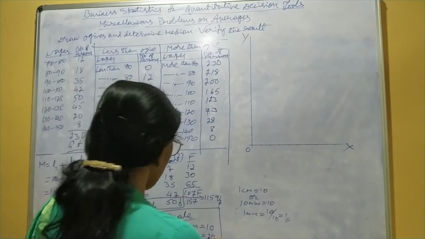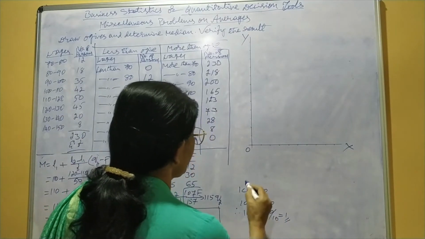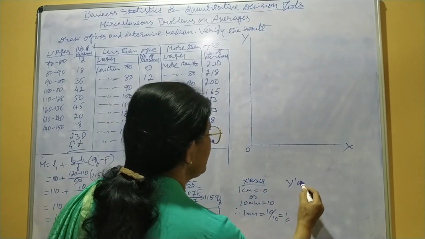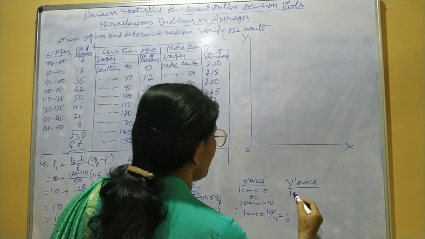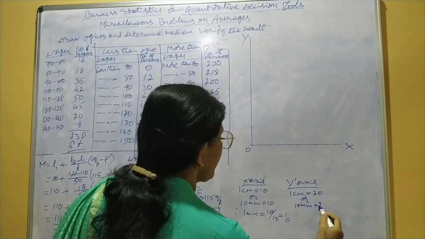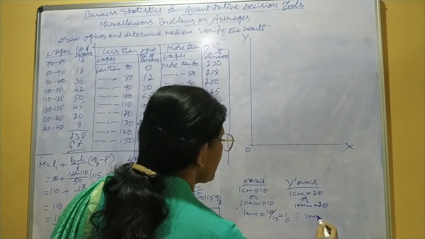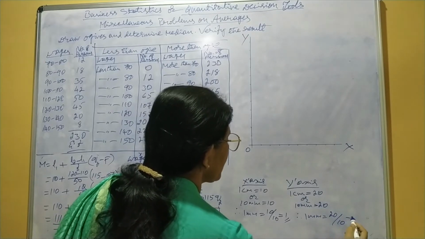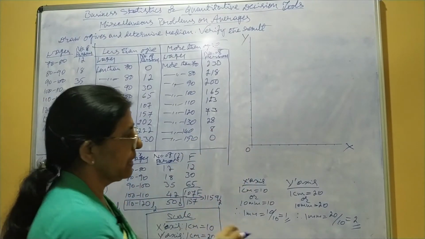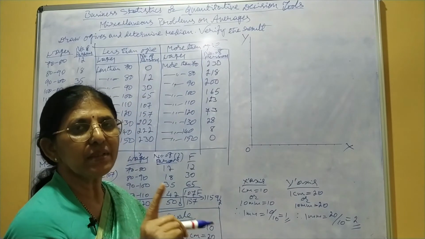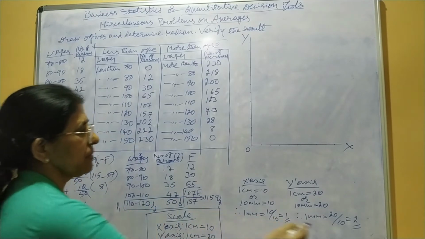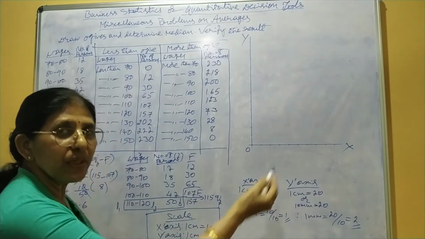On the other hand, in the case of the y-axis, we have taken 1 centimeter equals 20, or 10 millimeters equals 20. Therefore, 1 millimeter equals 20 divided by 10 equals 2. On the x-axis, 1 millimeter measures 1. On the y-axis, 1 millimeter measures 2. This is important to take the reading.